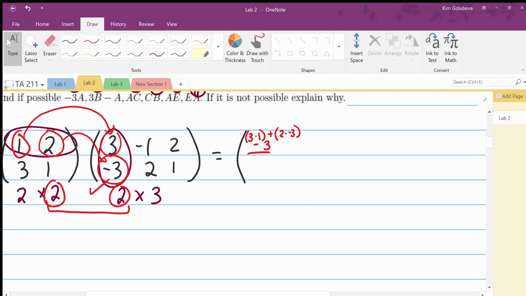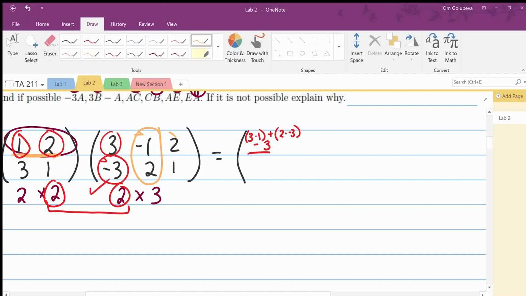So the next thing that we're going to do is multiply the second column by these first two numbers again. So what we're really doing is multiplying the first row by the first column, and then the first row by the second column, and then this first row by the third column here. Okay, so this just looks messy now.